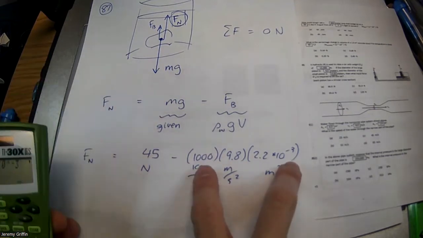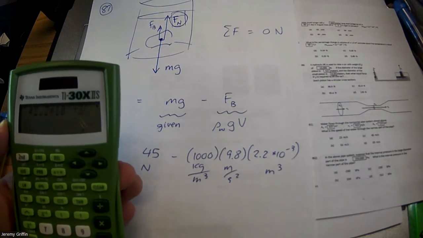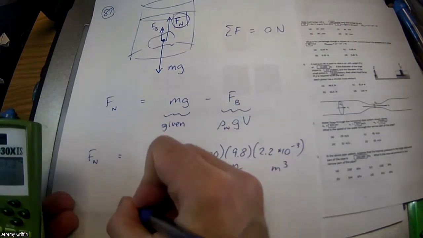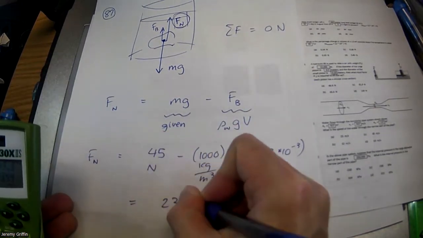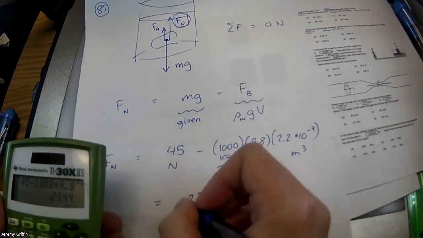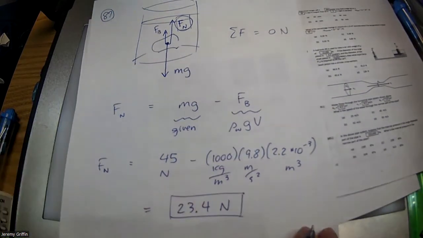By the way, 10 to the -3 and 1,000 cancel out exactly, so save yourself the calculation. I'm looking at this many newtons right here. That's the normal force from the bottom, which also represents the apparent weight of that rock. It's going to appear to not weigh as much because it's submerged in water. There's a buoyant force on it.